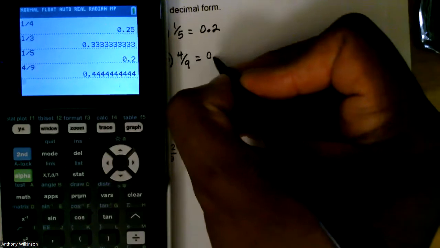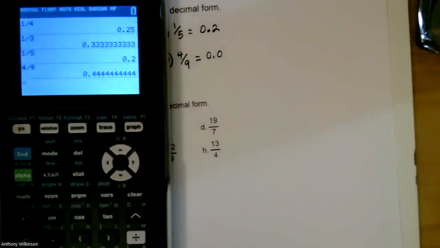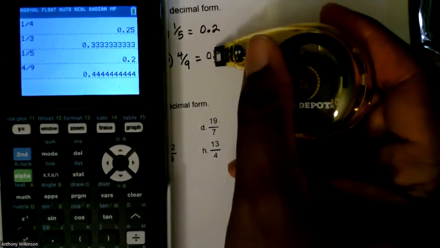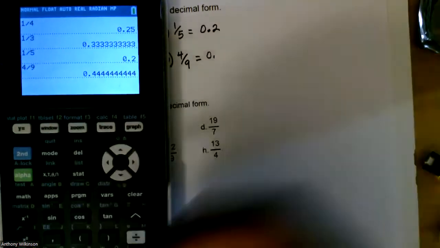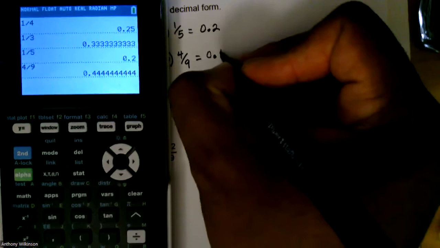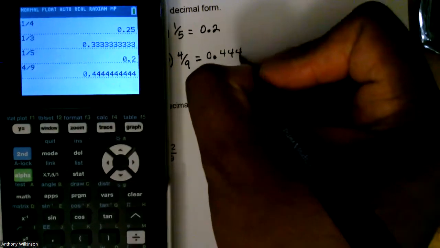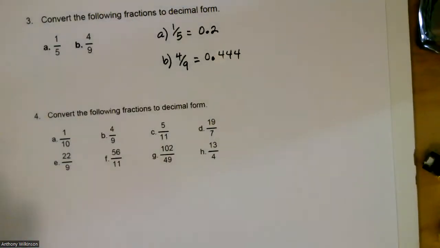So it'll be 0.444. And by the way, that would represent a repeating decimal. It has 0.4 with the bar on just the 4, showing that the 4 repeats.